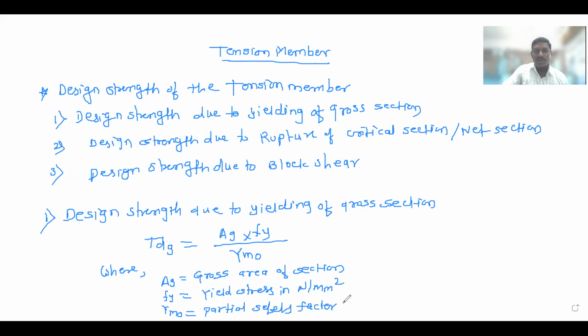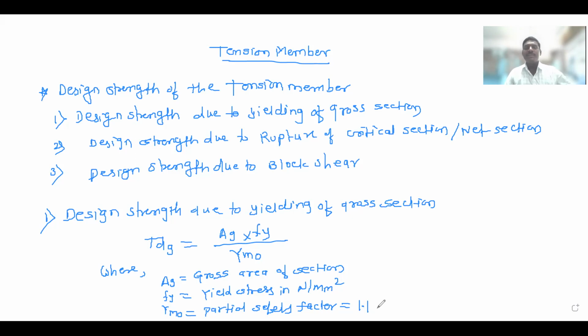So how much is the value of gamma m0? As we have seen in unit number 1, in this particular table, gamma m0, gamma m1, gamma mw, gamma mb. The value of gamma m0 is 1.1 and gamma m1 is 1.25.